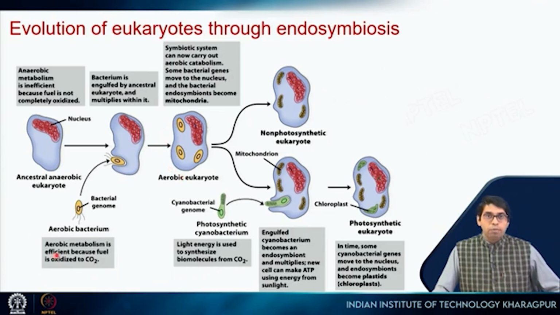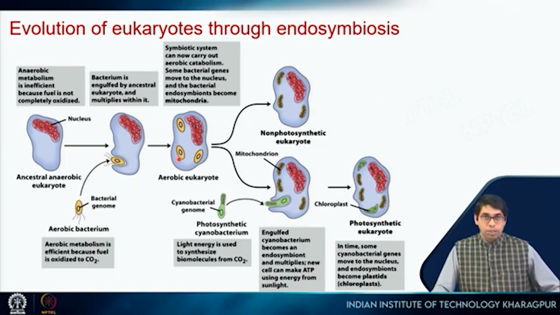This aerobic bacteria's metabolism is far more efficient. The bacterium is engulfed by the ancestral eukaryote, and the bacteria multiplies inside it. So now you have multiple bacteria, but they are not killing each other, they are living together, right. This is symbiosis. The symbiotic system can now carry out aerobic catabolism, because that is present in this bacteria.